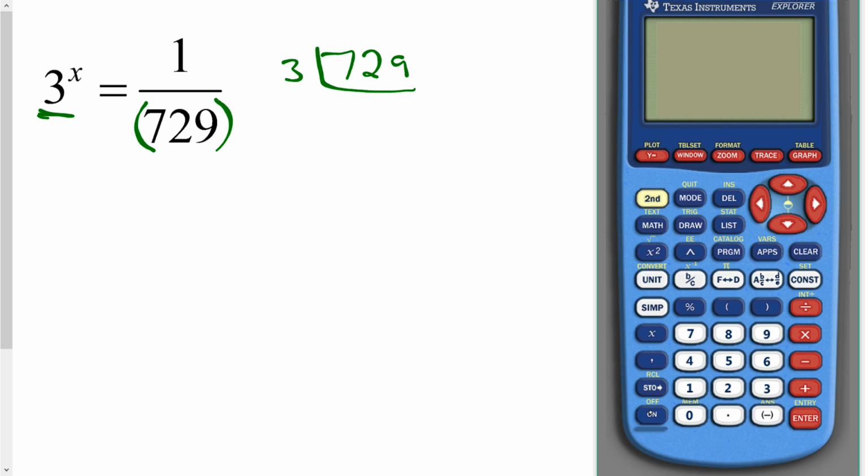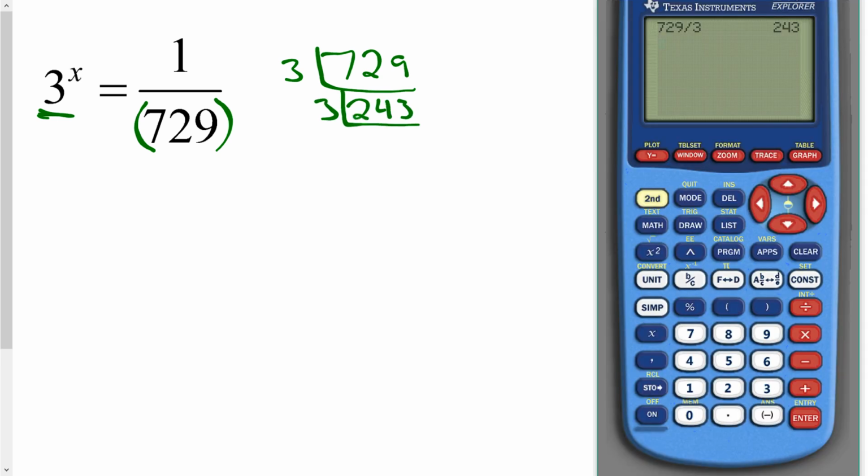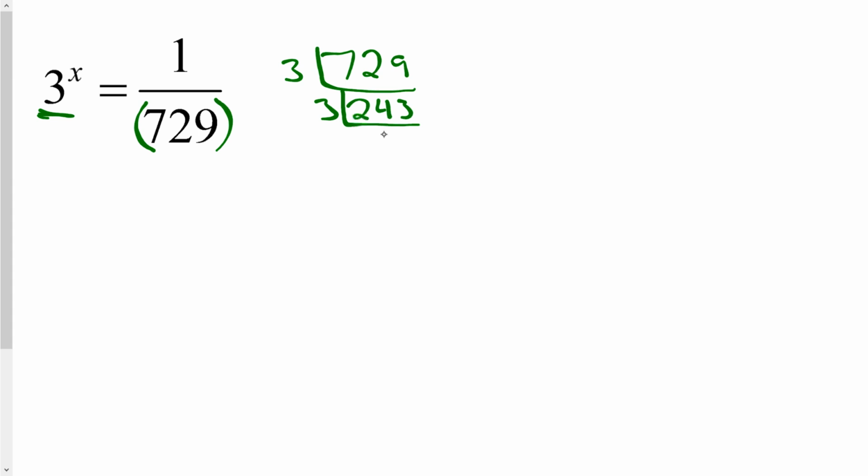Luckily, I have a handy-dandy calculator here. 729 divided by 3 is 243. Divide that by 3. 243 divided by 3 is 81. Divide that by 3.